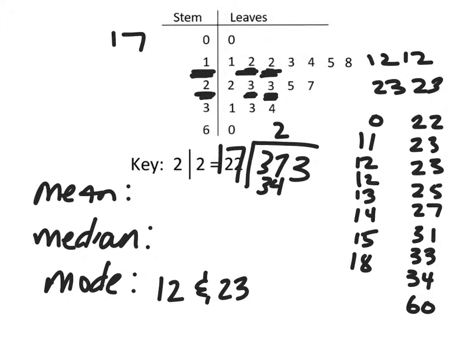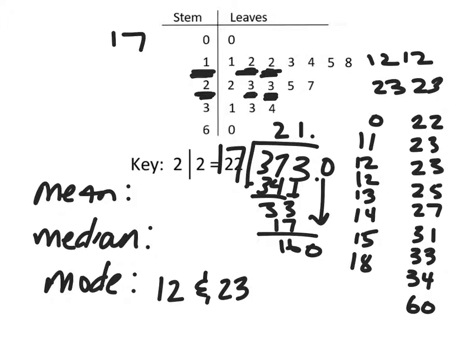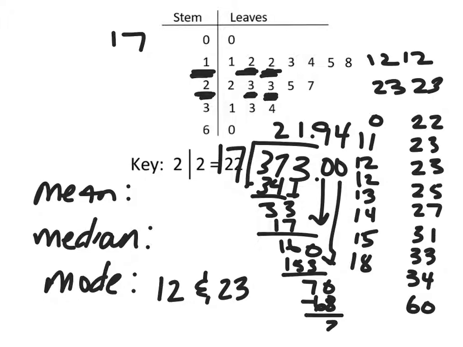So 17 goes into 37 twice, and I'm going to go to the hundredths place with a decimal. Continuing the division, another 0 would give me 4, another 0 would give me 1.